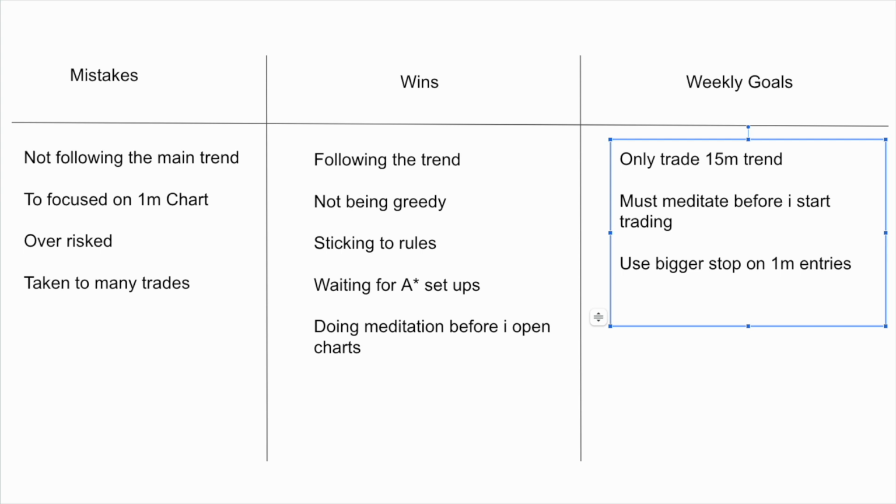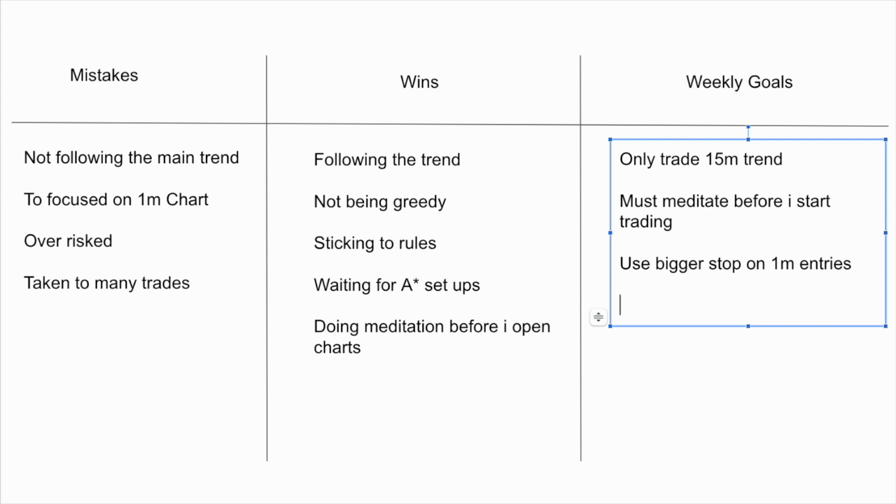I was focused on the 1 minute chart instead of looking at the bigger picture. You can start finding patterns in the mistakes that you keep repeating. So only do the week that you've just done: mistakes, wins, and goals. At the end of each month, or every 3 months, you can review them, and it's really easy to find your patterns of where you're going wrong.